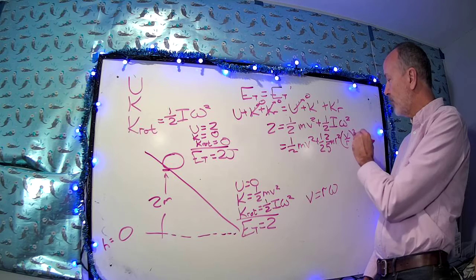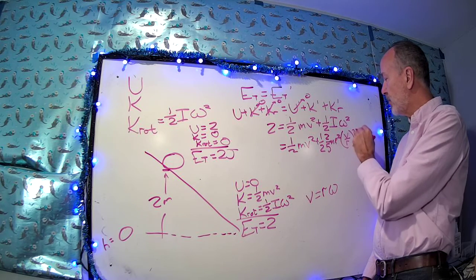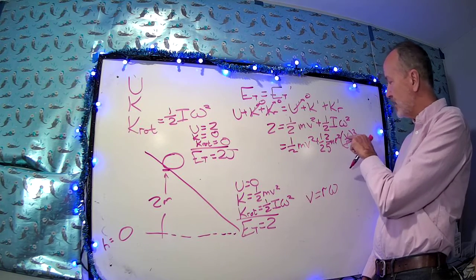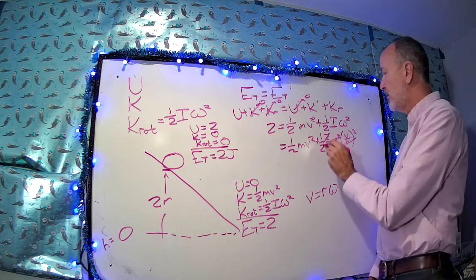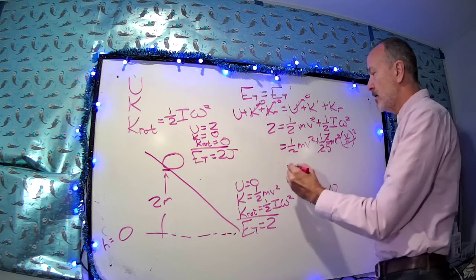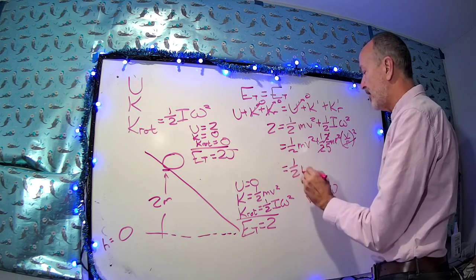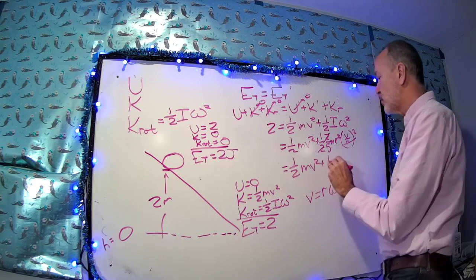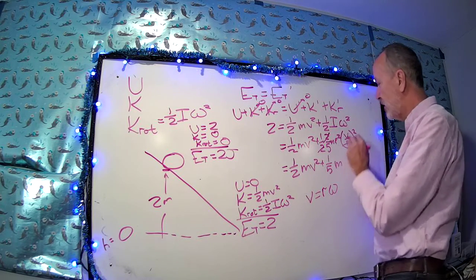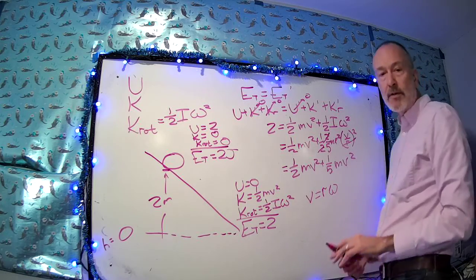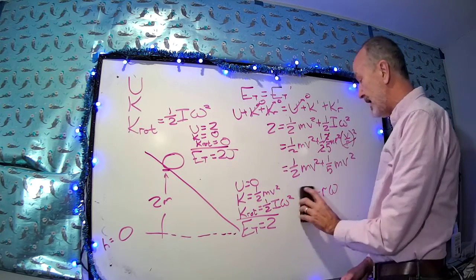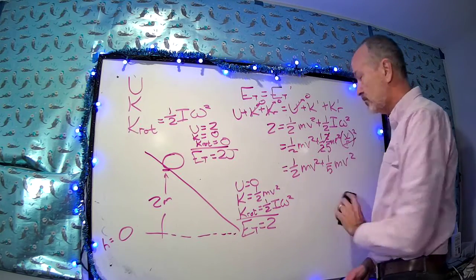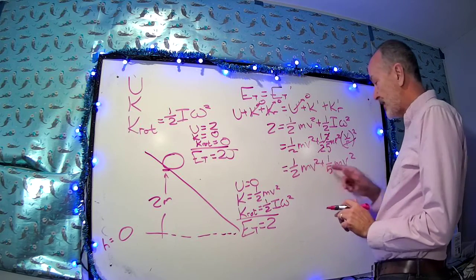Well, look at that. The r squareds are going to cancel. I'm just going to take that out, because that v remains squared. The 2's cancel there. So we can rewrite this as 1/2 mv squared plus 1/5 mv squared. Okay, if you don't trust me, write it down and do the algebra. But that's what that looks like.